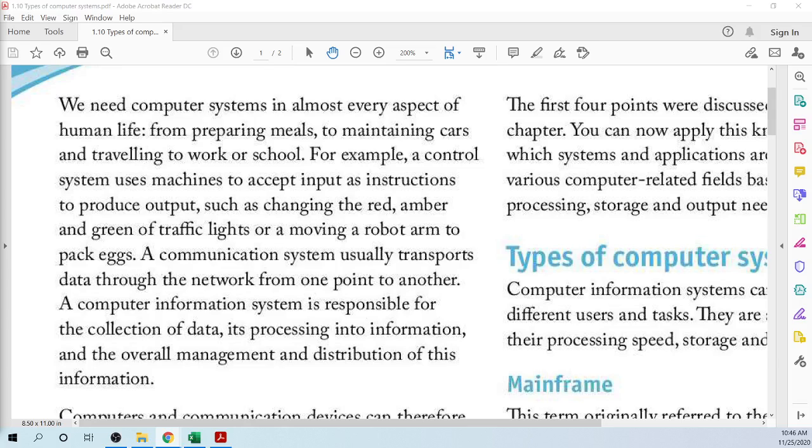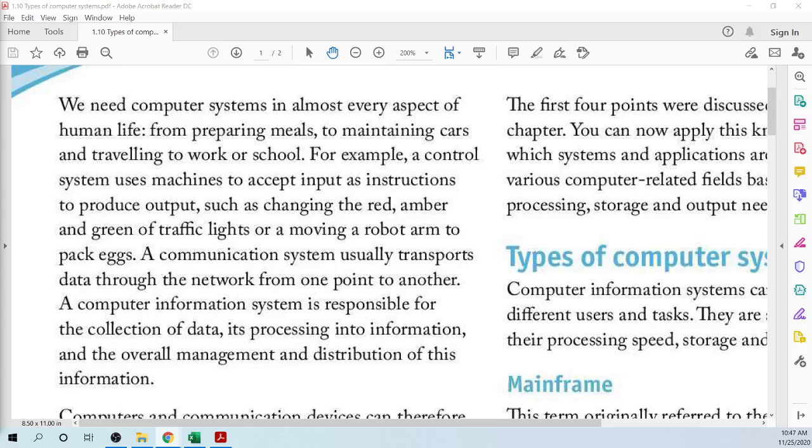A communication system usually transports data through the network from one point to another. A computer information system is responsible for the collection of data, its processing into information, and the overall management and distribution of information.